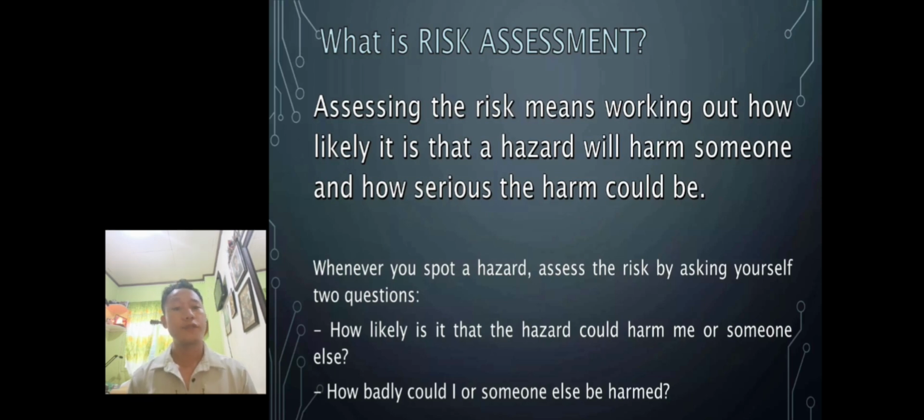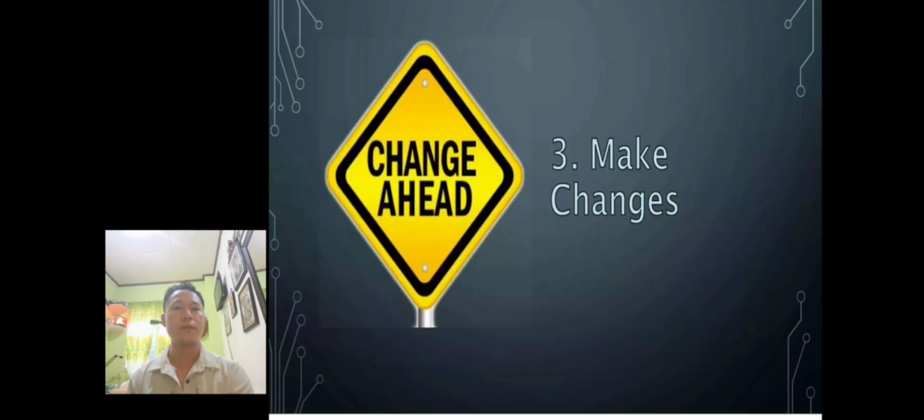First, how likely is it that the hazard could harm me or someone else? The second is, how badly could I or someone else be harmed? You need to address those two questions.